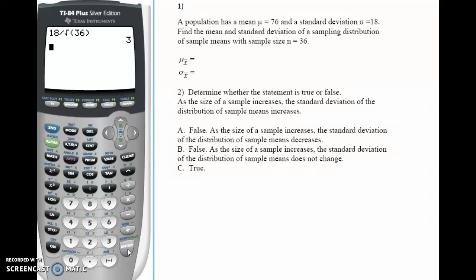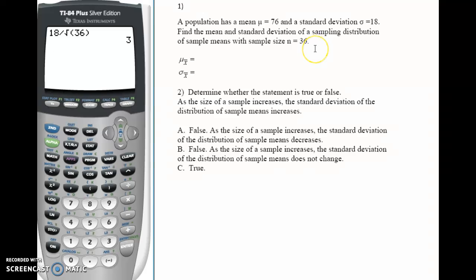Does it increase? For example, from number 1, we had a standard deviation of 18 and a sample size of 36, and our standard error, or the standard deviation of the distribution of the sample means, was 3.